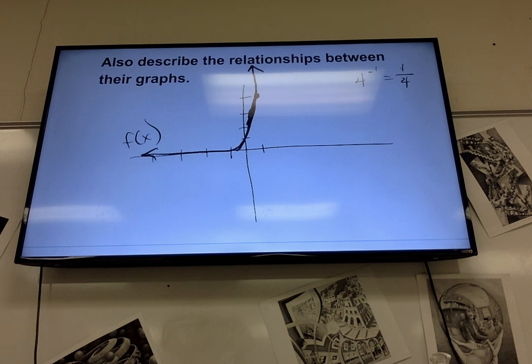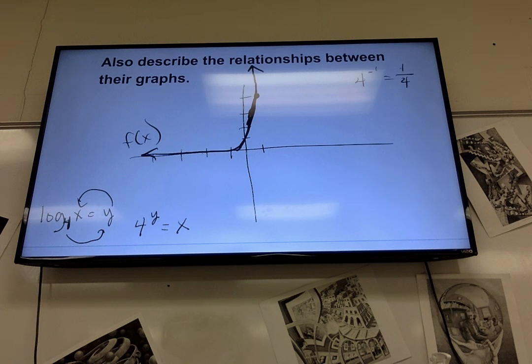So log base 4 of x. Again, I'm calling this the circle method. So that's 4 to the y equals x. So we're plugging in y's.